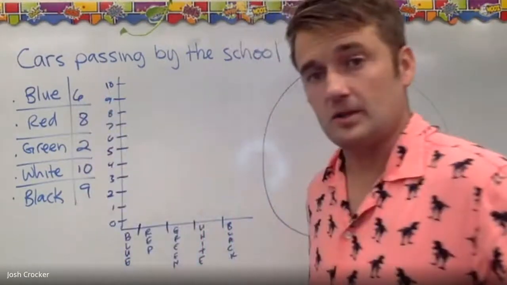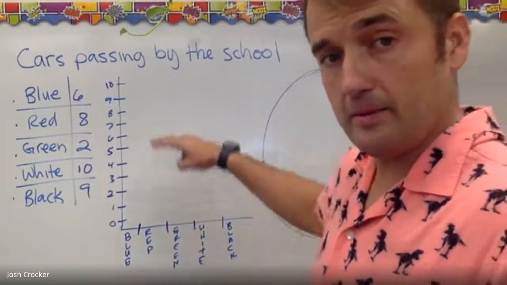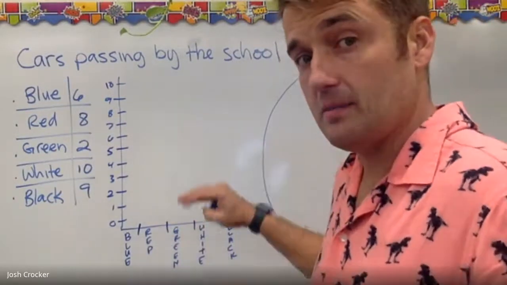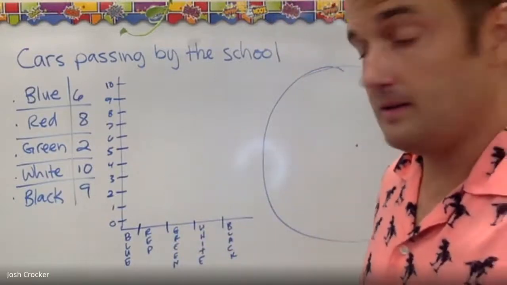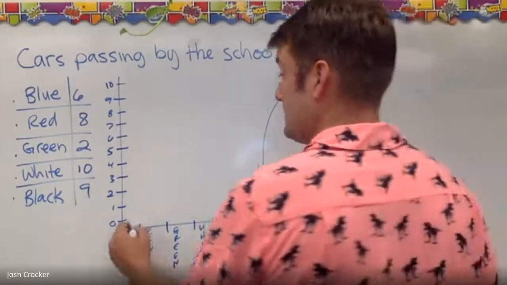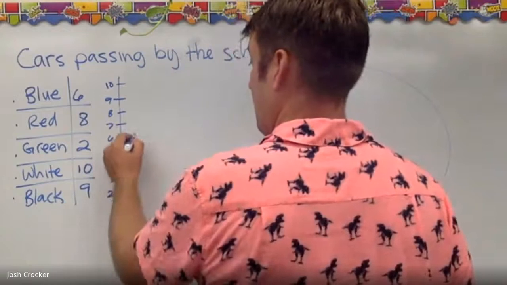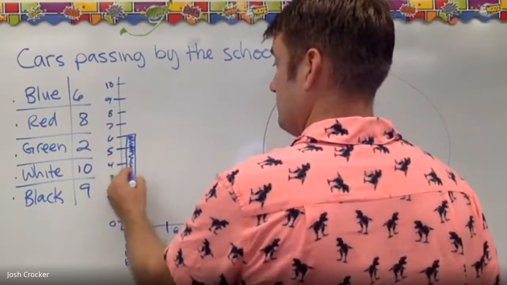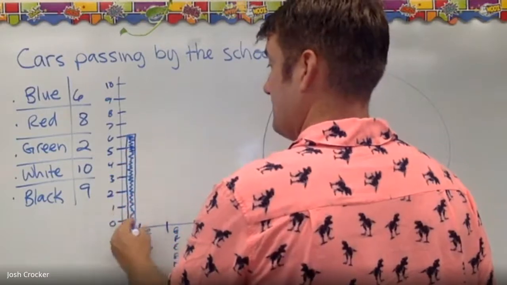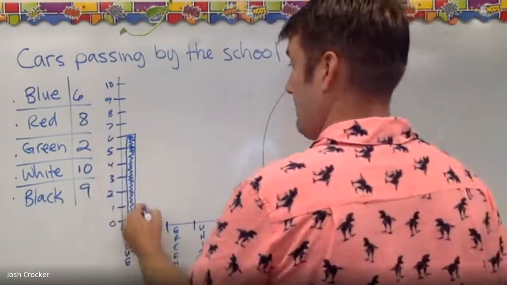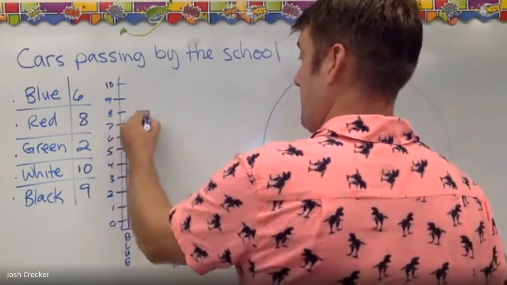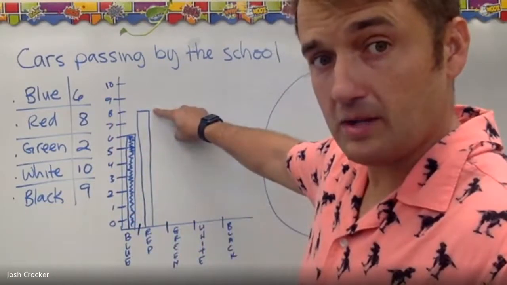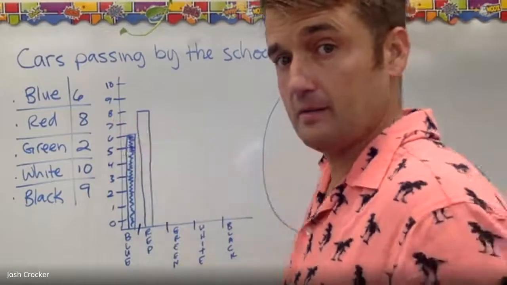So I put numbers up that axis so that I know how tall to make each one of my bars now. So blue was 6. Red was 8. I'm going up to the matching number from here.